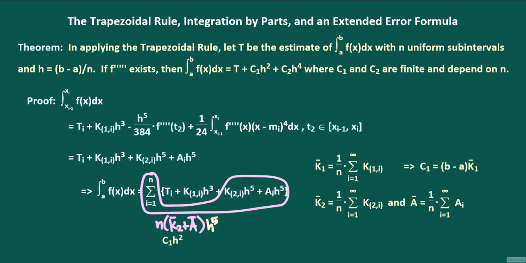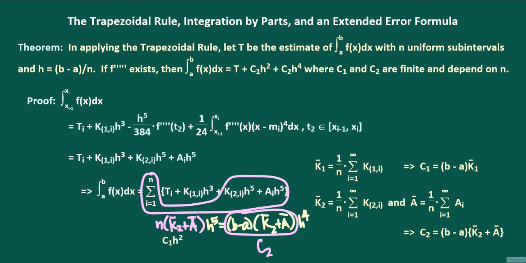Out of this, we get something very similar to the k bar sub 1 term. We get b minus a times k bar sub 2 plus a bar times not h to the fifth power, but h to the fourth power. We set the coefficient of h to the fourth power equal to c sub 2. So we have the h to the fourth power term in the theorem.